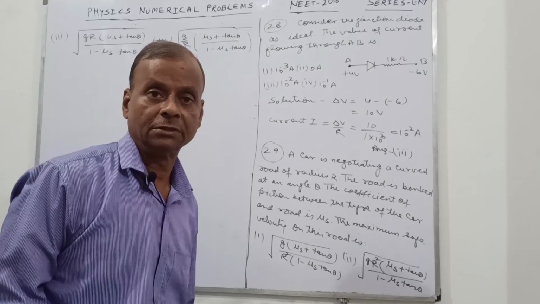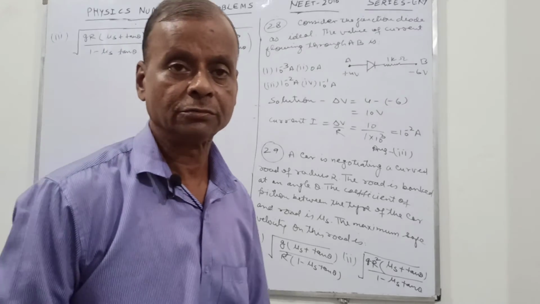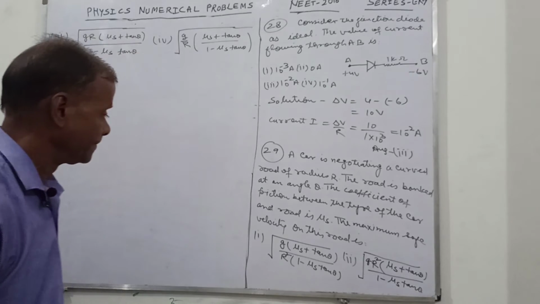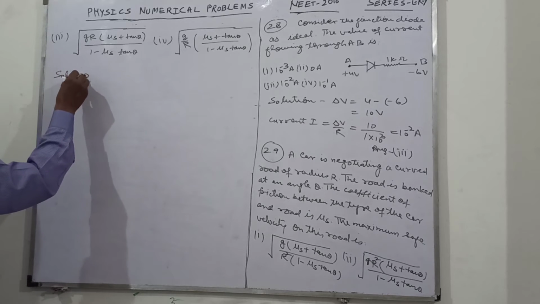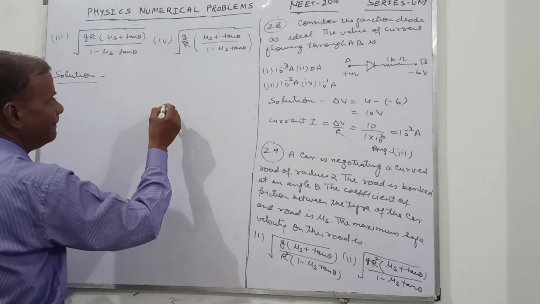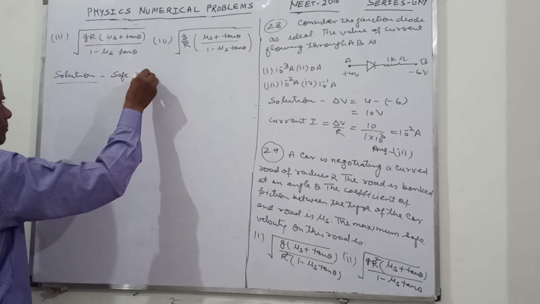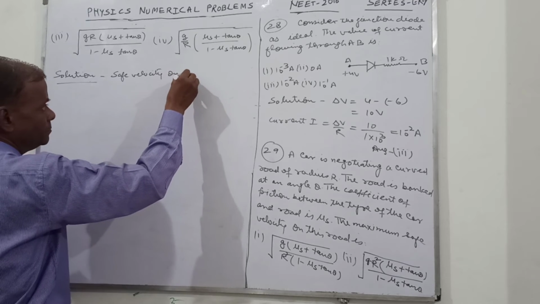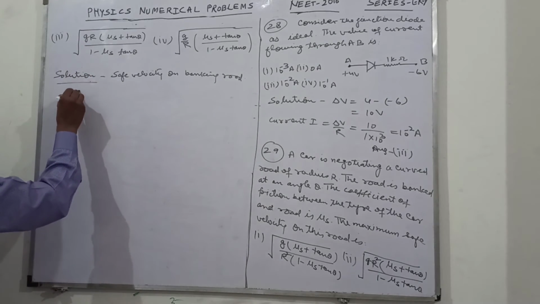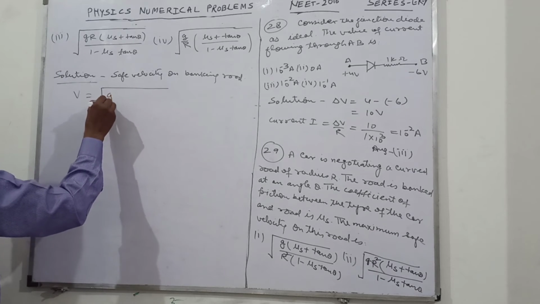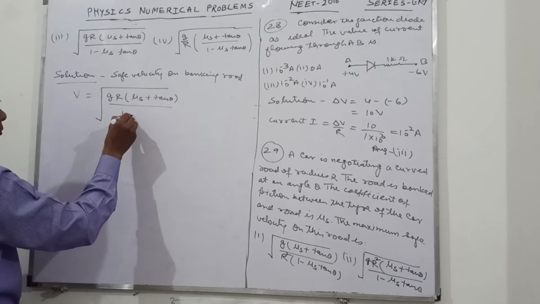This is the direct answer given here. We know the speed when the body moves on a banking road, the safe velocity on a banking road: V equal to square root of GR into (mu s plus tan theta) upon (1 minus mu s tan theta).